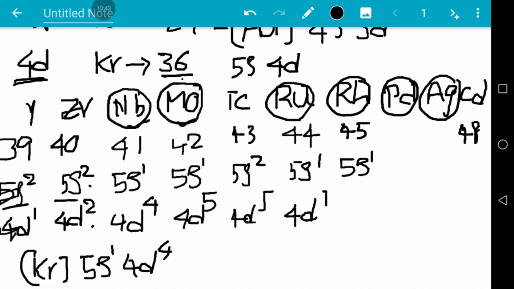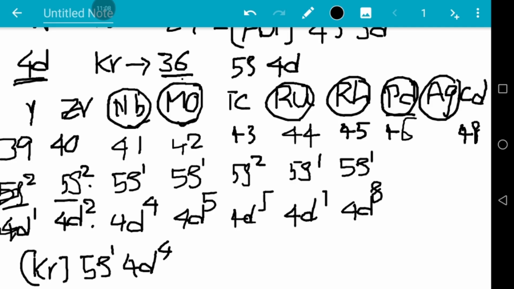Next, palladium. I already told you before that palladium has a different configuration from other d block elements. Actually, in d block elements, 1 electron or 2 electrons are present in the s orbital, but only palladium, atomic number 46, has 5s0, meaning 0 electrons in the s orbital.